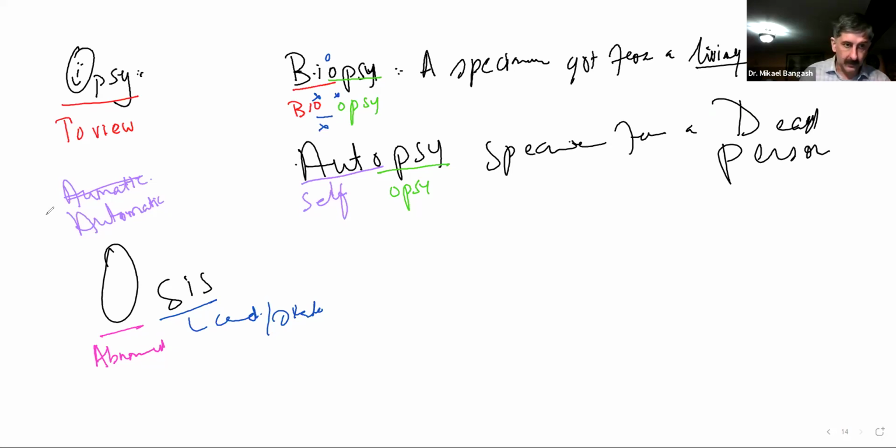Now we can take a couple of terms. Let me just go to the next page. There's something that is going to be called necrosis.